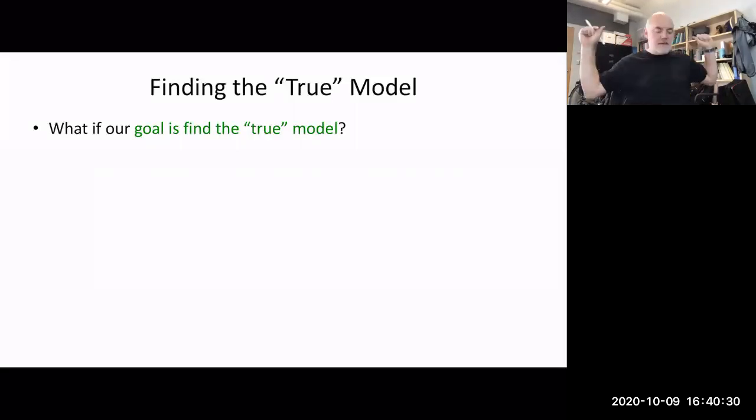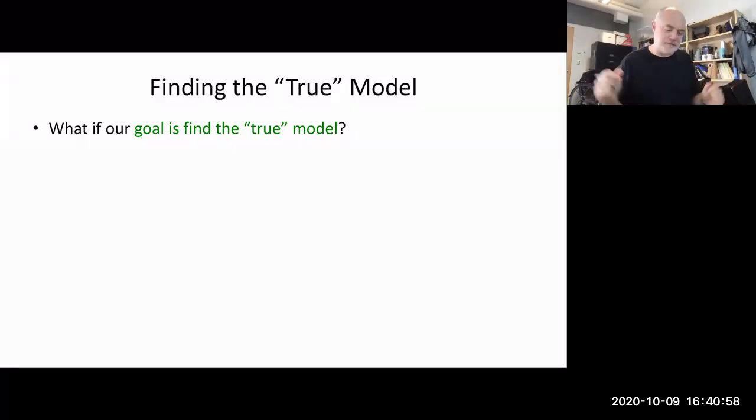Let's finish up with thinking about what it would mean to find the true model. What if our goal is to find the true model? What if we lived in space, didn't need to breathe, we're discovering the law of gravitation, no friction, and so on. We drop a bunch of stuff, we see how far away it is. There is actually some true model there, right?